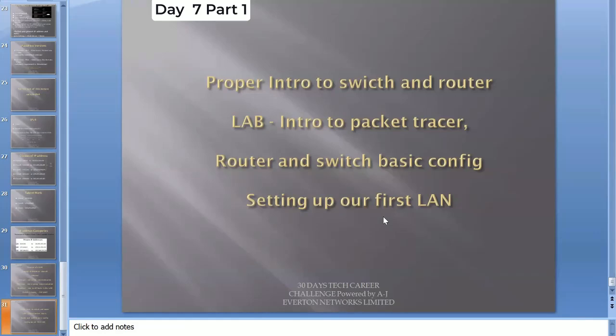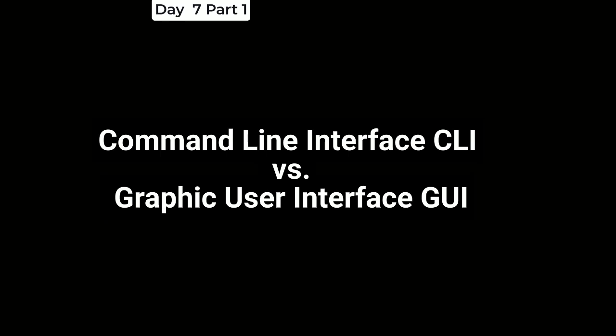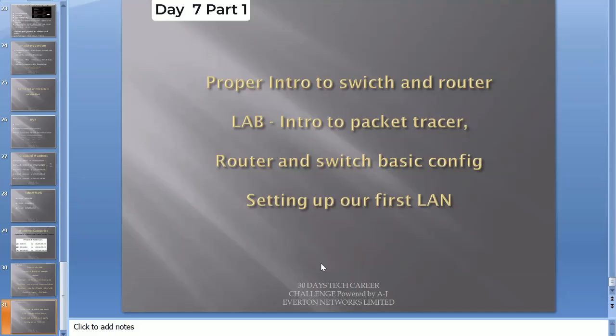They are usually or basically accessed through CLI. So what do I mean by CLI? CLI means command line interface. Maybe you're using a Windows machine, whereby you are just doing point and click.